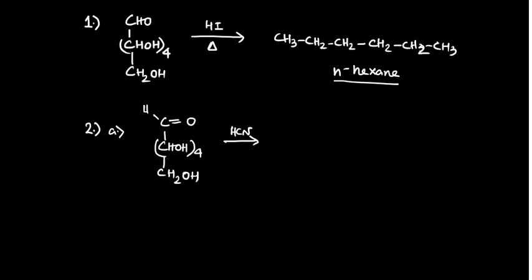We all know that in the carbonyl group, this is delta plus and this is delta minus, and HCN is going to generate H plus and CN minus. So CN minus will link to carbon and H plus with O, and the resultant form will be something like this, which is nothing but a cyanohydrin form.